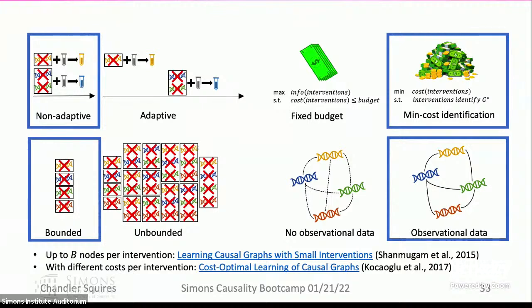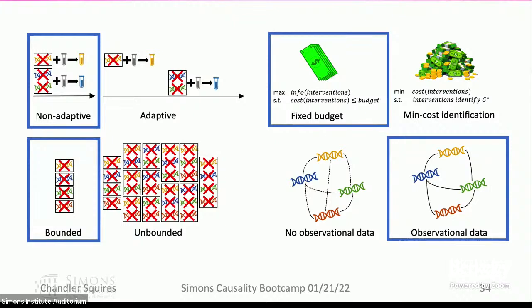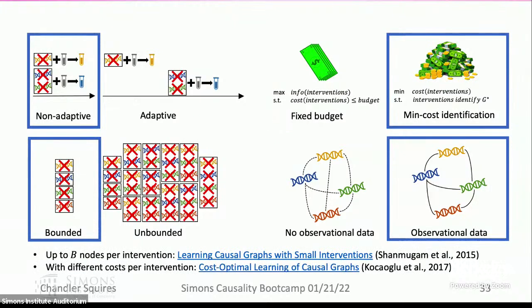Maybe I can't even intervene on some things. There's an infinite cost where I can't include that in my identification strategy. And there's a paper that essentially extends this one, but allows for costs on the nodes as well. These are interesting things to check out if you're into that sort of stuff.